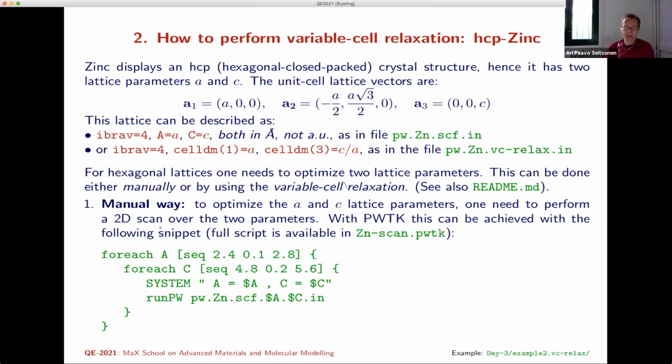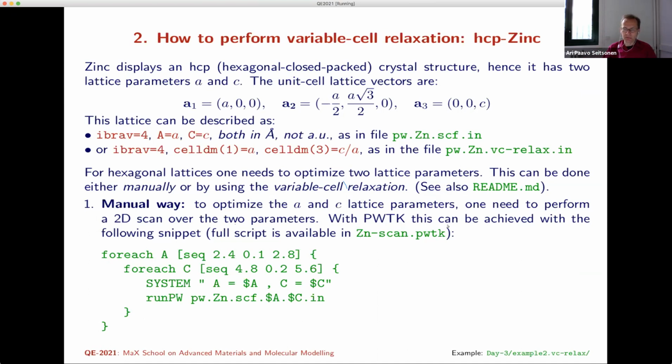But here we now try to determine the optimal A and C in two ways. The first one is the manual way, which is just, as I mentioned, sampling the values of A and C, hopefully so that in both directions the final optimum value will be inside this two-dimensional grid, and preferably more or less at the center.